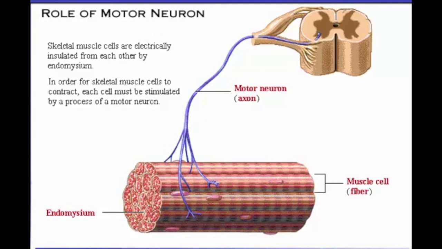Each motor neuron is a single nerve cell extending from the brain or spinal cord to the muscle, where it can stimulate several muscle cells. The axon is the elongated process of the nerve cell that carries impulses to the muscle. The neuromuscular junction is the place where the terminal portion of a motor neuron axon meets the muscle cell membrane.